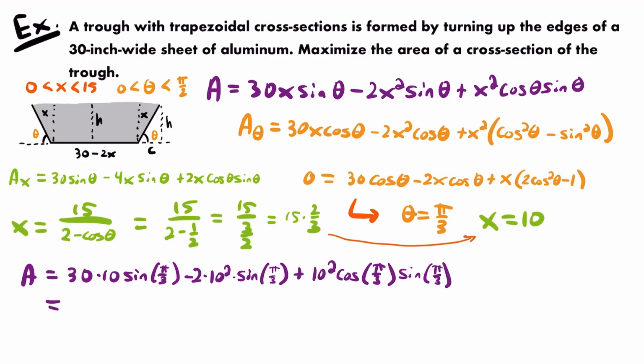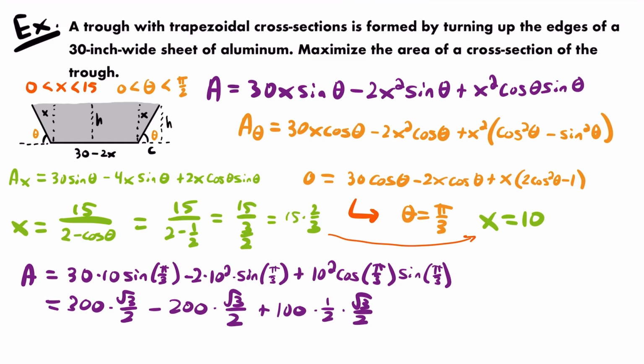Now simplifying, 3 times 10 is 300. Sine of pi divided by 3 is the square root of 3 divided by 2. And then we are subtracting 2 times 10 squared, which is 200, times sine of pi divided by 3. So we're multiplying by the square root of 3 divided by 2. Then you'll have plus 100 times cosine of pi divided by 3, which is 1/2. And then again, sine of pi divided by 3 is the square root of 3 divided by 2.